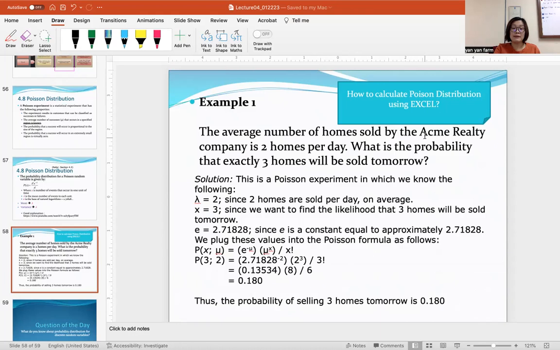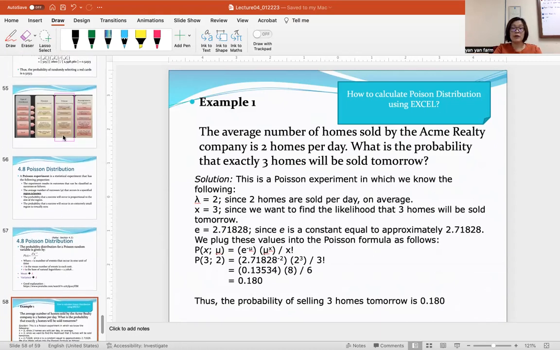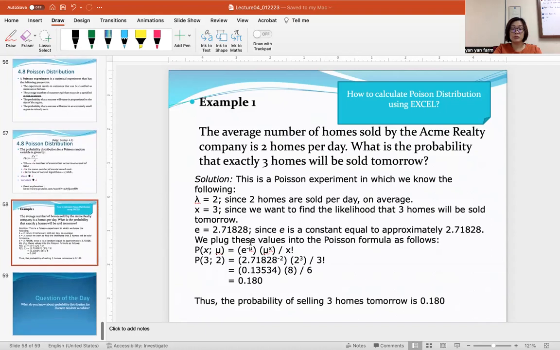What is the probability that exactly 3 homes will be sold tomorrow? So it's quite rare, isn't it? You are normally selling two houses, but you are looking for the probability that you are selling more than that. So this time, we are looking at the Poisson distribution.